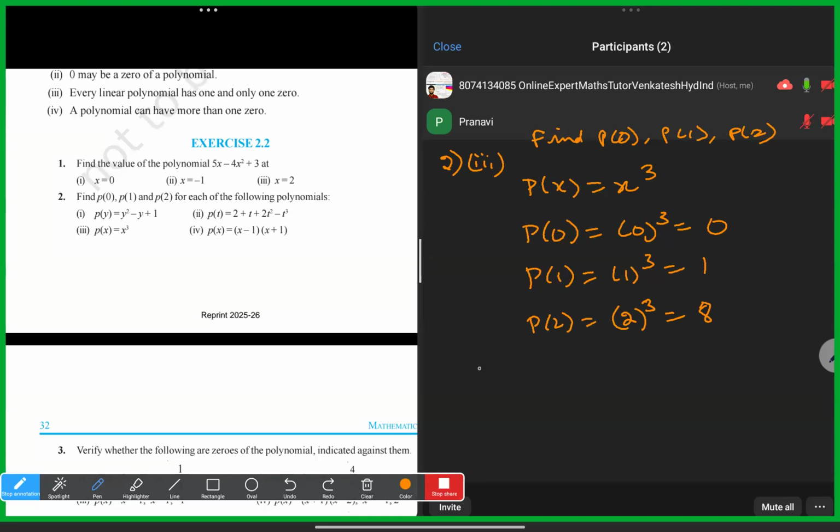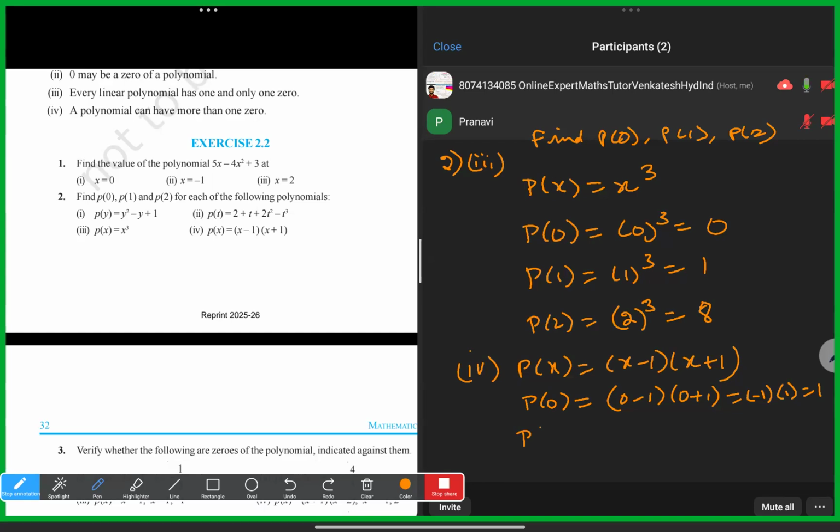So I'm finishing the fourth one also here. So P of x is equal to x minus 1 into x plus 1. So we can keep the x values directly in this only. No need of multiplying this and then substituting. Yes. P of 0 is 0 minus 1 into 0 plus 1, which is minus 1 into 1, minus 1. Sir, it's minus 1.